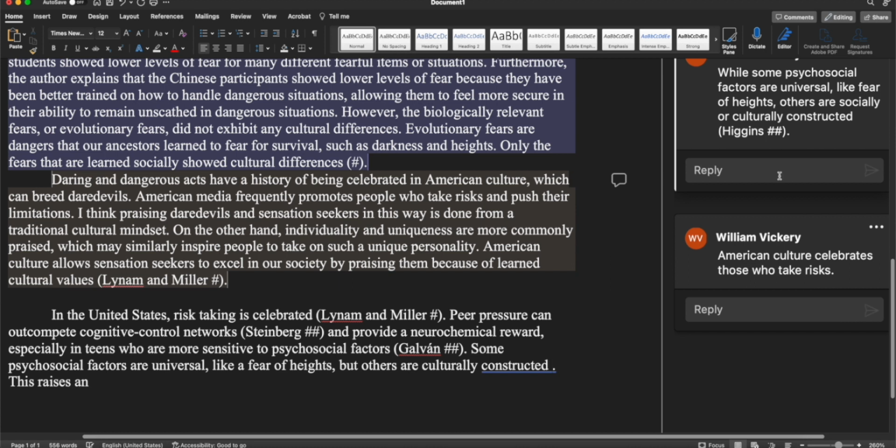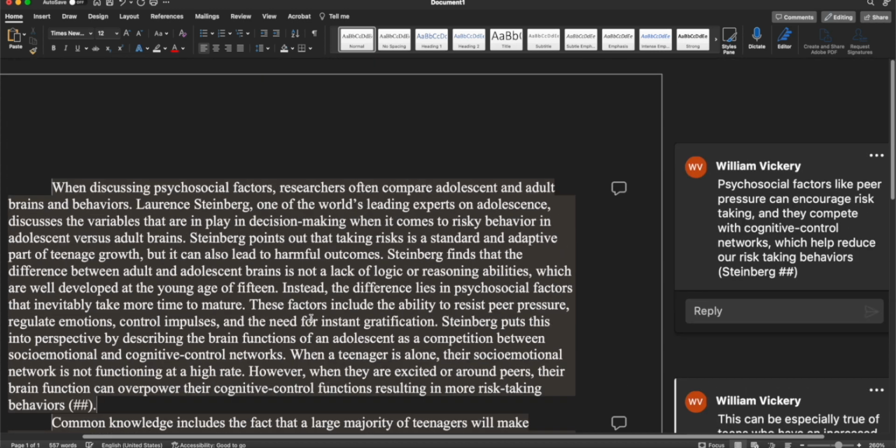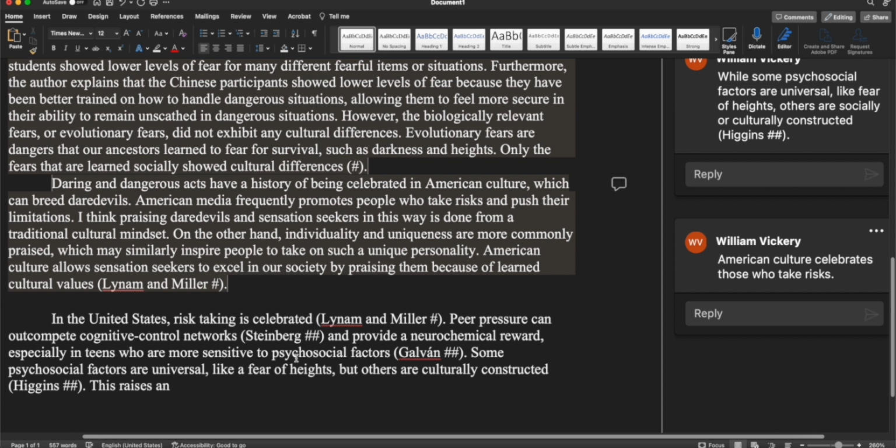This is Higgins, right? Okay, so now we've gotten all the information that we need from each of these sources. Now, each of these sources obviously says more than what we've put here. However, we've given ourselves the core of what they are saying as a baseline, and now we get to speak what we think about it, right?